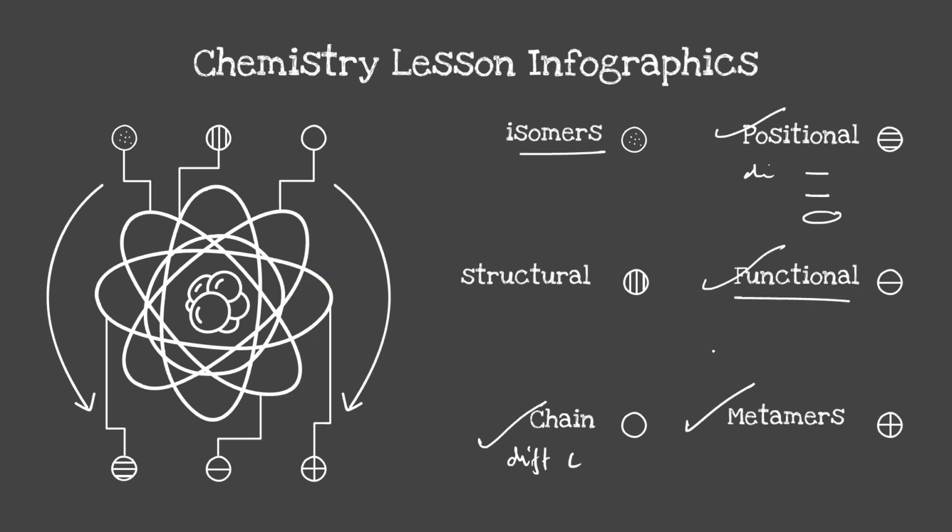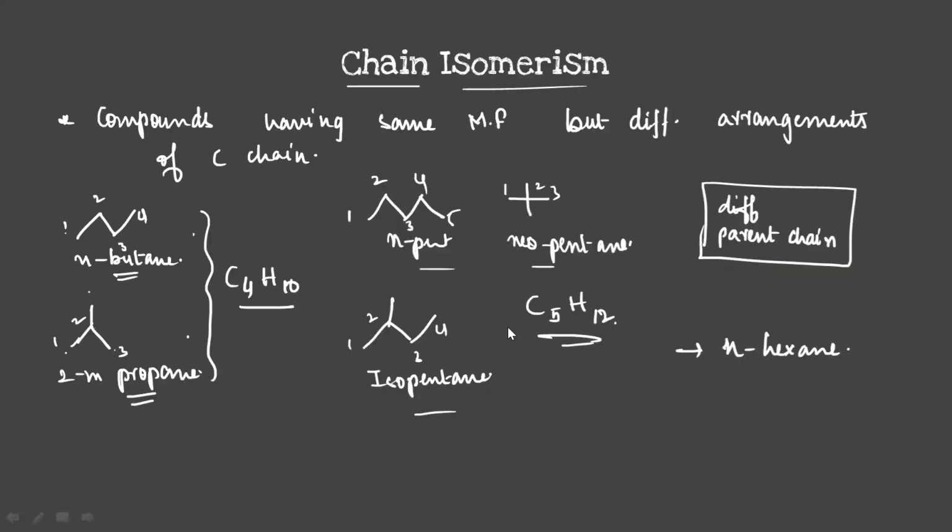In functional isomers, they have different functional groups but the same molecular formula. And metamers have different numbers of carbons on either side of a functional group. We have seen metamerism in the case of ethers, amides, and thioethers. So structural isomerism is done. Let's see tautomerism in the next video. Thank you.